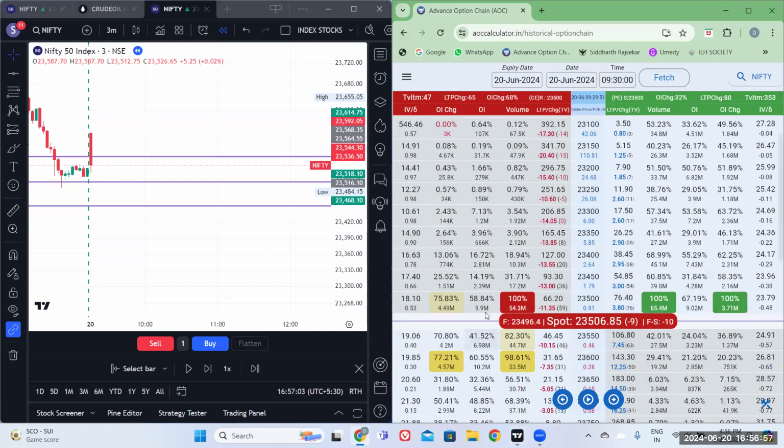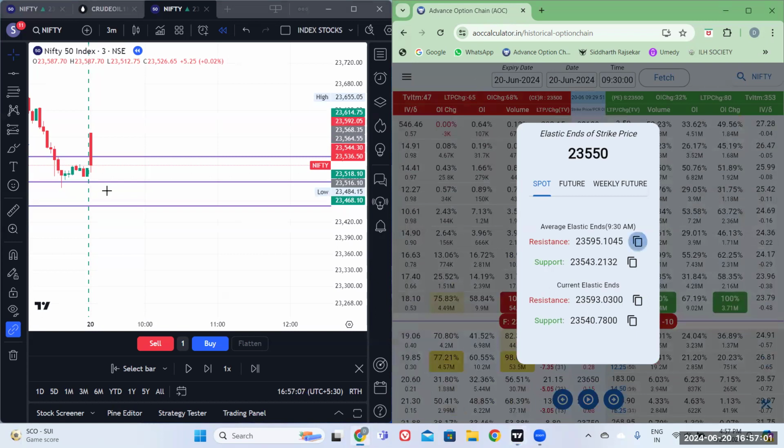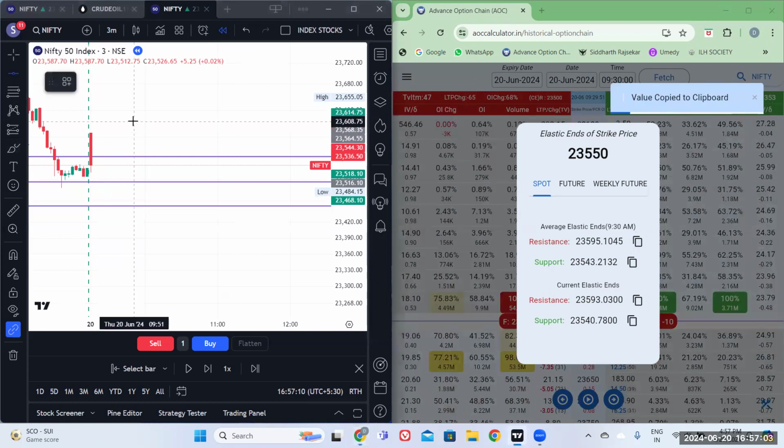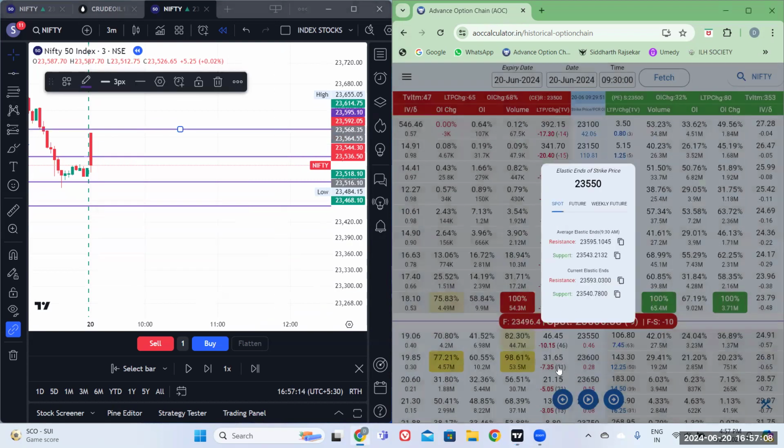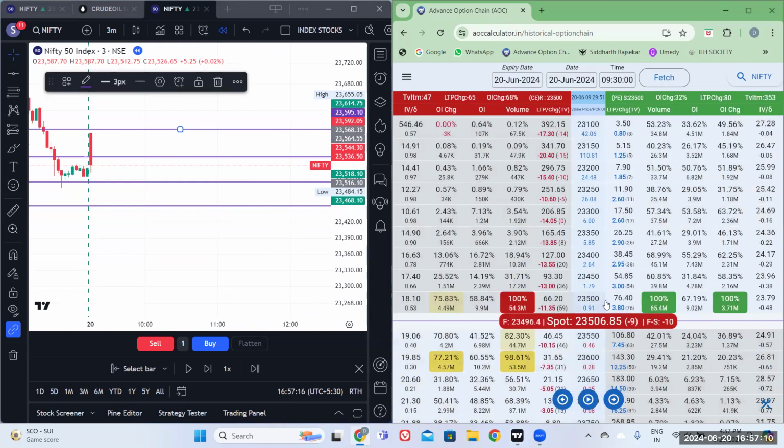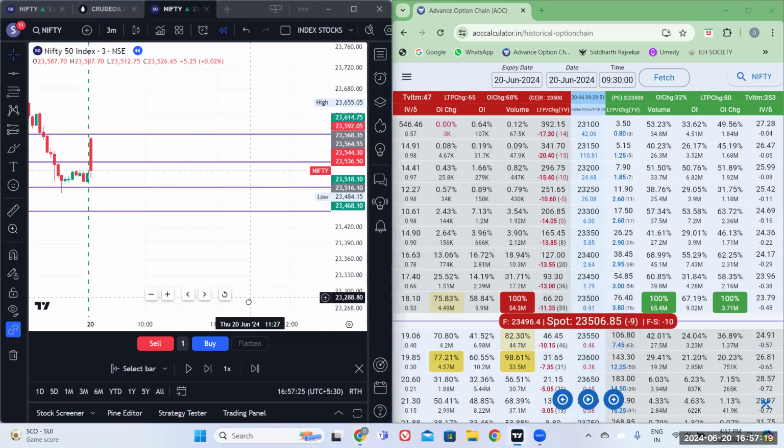And since the resistance is weak towards the top, let me draw one more line at 550. So I've taken support and resistance of 500, 450 and 550. The market is most likely to be within this range, right?